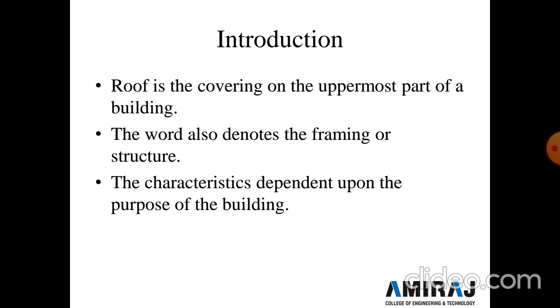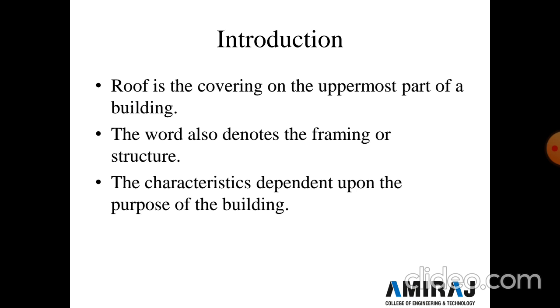The word roof denotes the framing of a structure which supports that covering, and the characteristics of a roof depend upon the purpose of the building. So different types of buildings require different roofs. You already know about the types of buildings, and the characteristics of the roof depend on the purpose of the building.